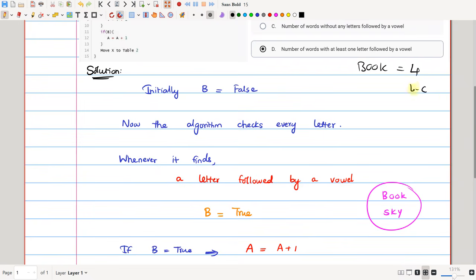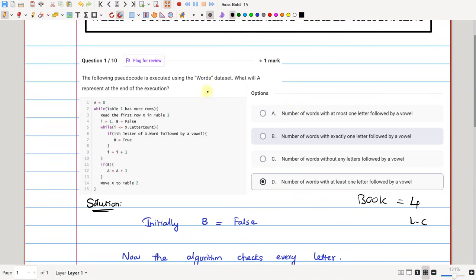First we are asked to check if I is less than or equal to x dot letter count. So first I have I as 1, right? So 1 is less than or equal to 4. So this while condition is true, right?